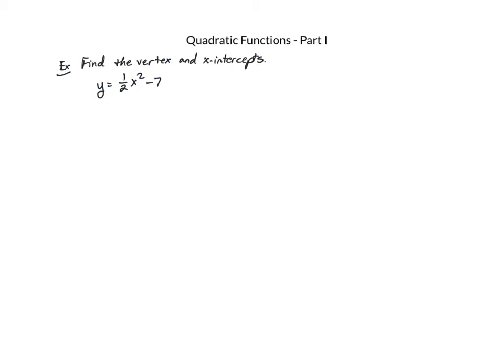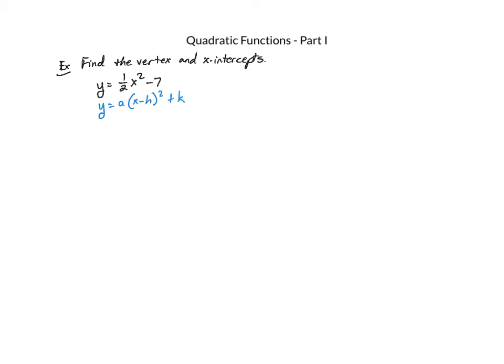For this example, our function will be y equals 1/2 x squared minus 7, and the directions ask us to find the vertex and x-intercepts again. I hope you recognize that this is also in vertex form. Remember, vertex form looks like this: y equals a times (x minus h) squared plus k.